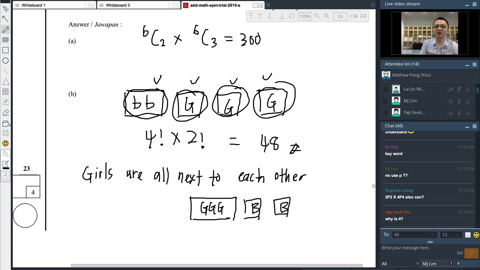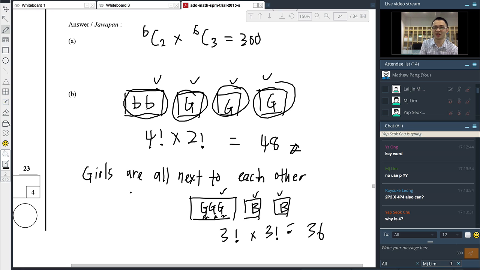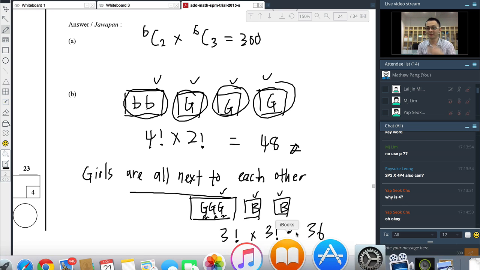So you see over here, I have 1 subject, 2 subjects, 3 subjects. So it's 3 factorial. But among the girls themselves, I can still arrange them, right? There are 3 girls here, so multiply by 3 factorial. So 3 factorial is 6, 6 times 6 is 36. Okay? This is how to do it when the question says next to each other.